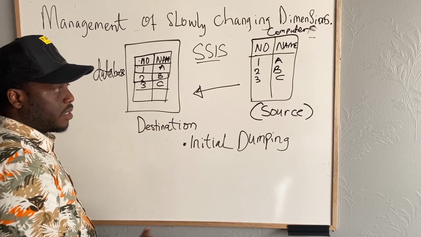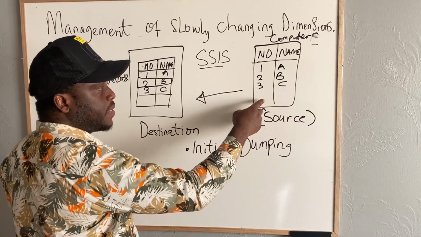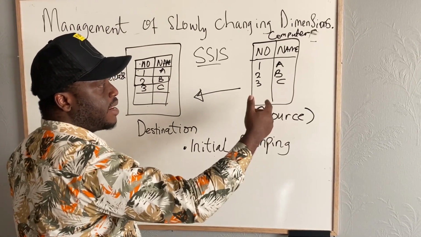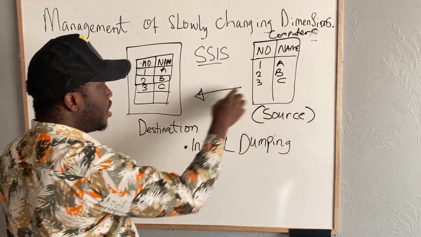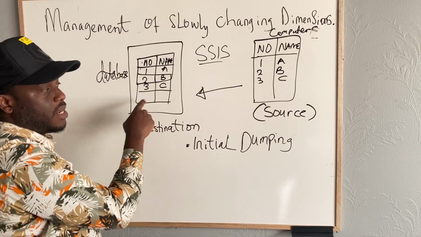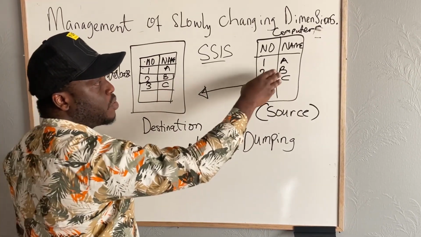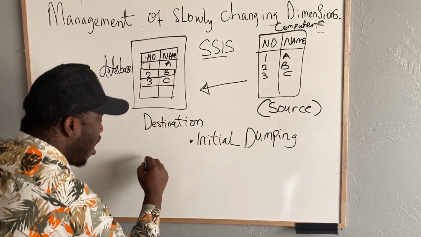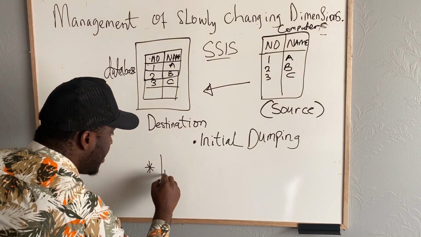Now what happens is, you're going to find out that your computer which you are using, you are getting information day by day, and you also want this information to reflect in the table in your database.